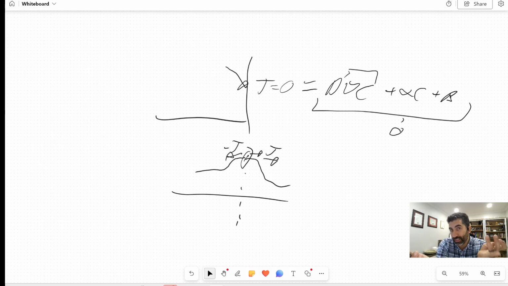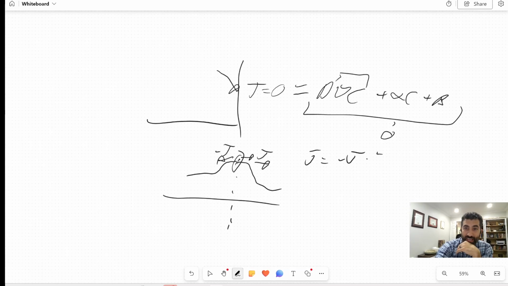Right? And because it's a point, the two have to be the same. So under what condition is j equal to negative j? The only possibility is if both are 0, right? J is equal to 0, now j is equal to negative j. So whenever you have a symmetry, what you're going to actually be doing is basically insulation. It comes back to insulation again, which is kind of a nice property.